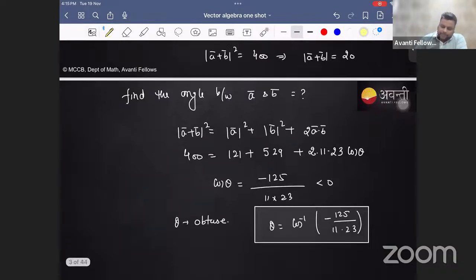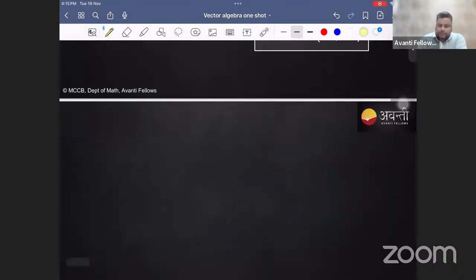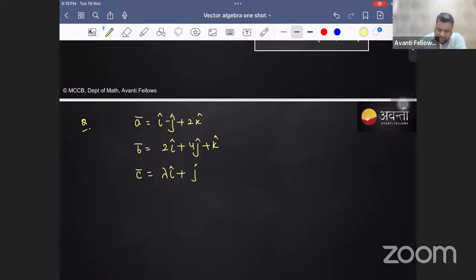Now, write down the next question based on the simple dot product. If vector A is i cap minus j cap plus 2k cap, vector B is 2i cap plus 4j cap plus k cap, and vector C is lambda i cap plus j cap plus mu k cap.